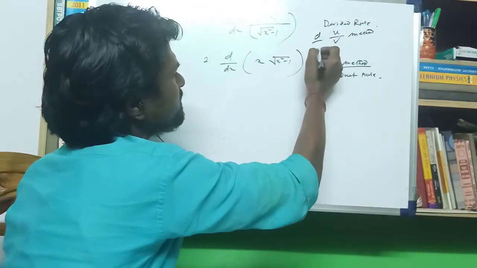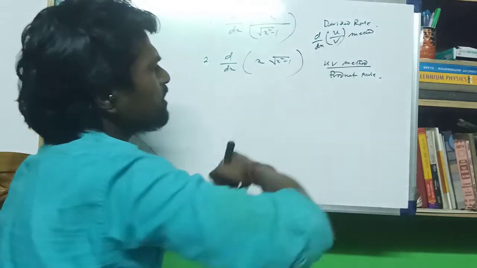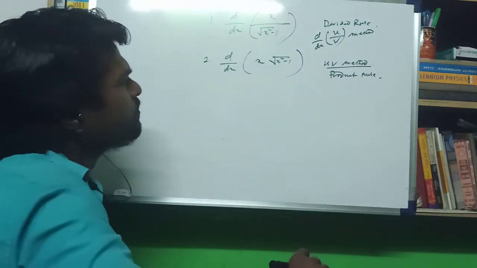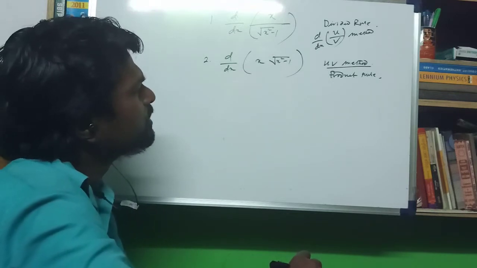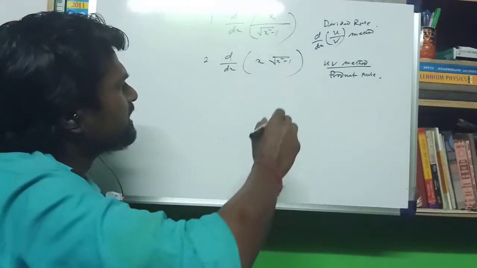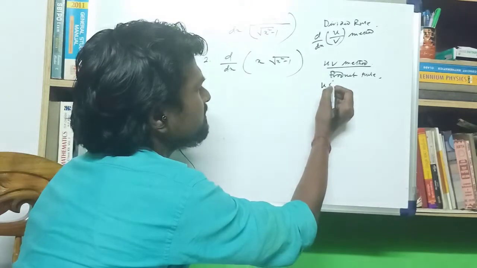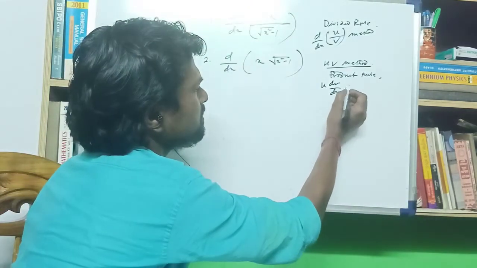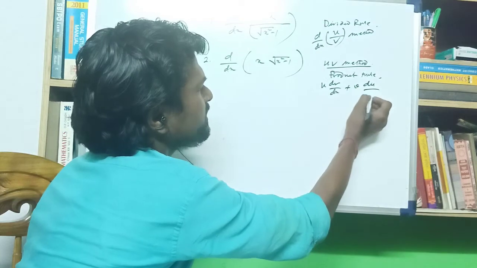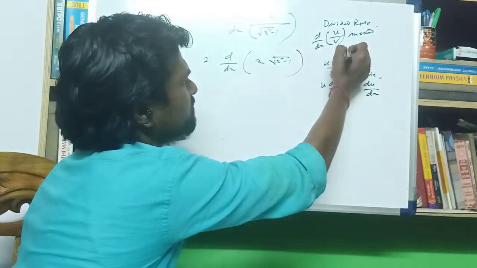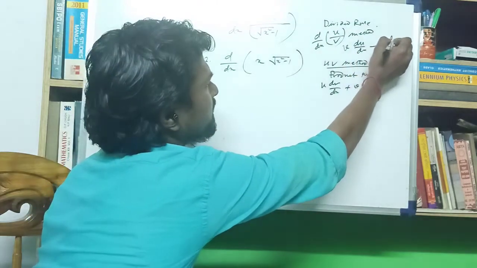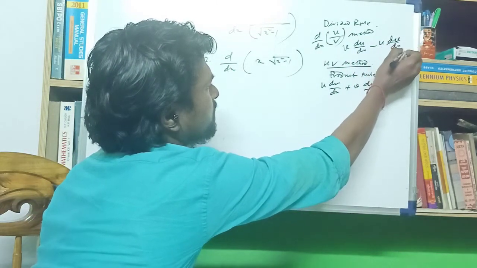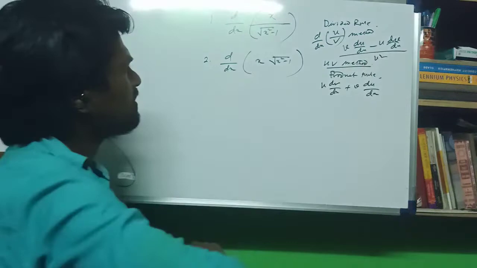d/dx of u by v, and the formula is v du by dx minus u dv by dx, all by v square. The product rule is u dv by dx plus v du by dx. But here it is v du by dx minus u dv by dx by v square. This is the formula.